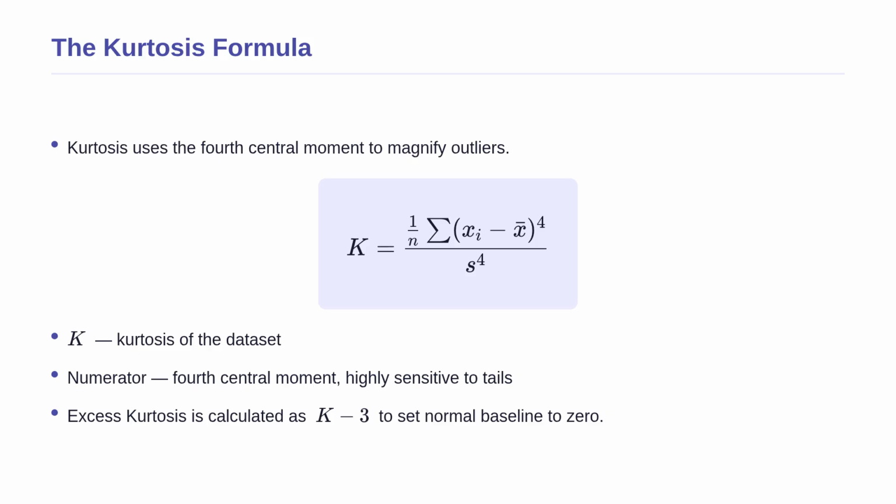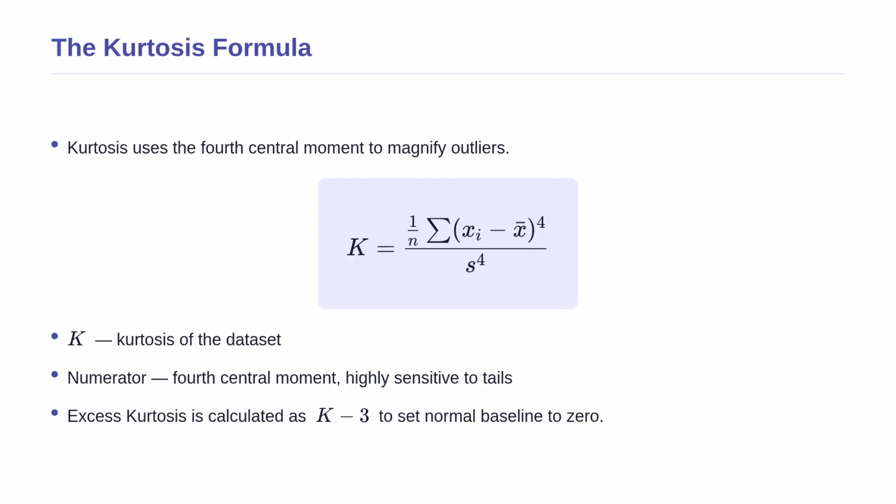Raising to the 4th power acts like a massive magnifying glass for outliers. Numbers far from the mean become absolutely huge, which is exactly why kurtosis is so incredibly sensitive to the tails of the distribution. We then divide by the standard deviation raised to the 4th power to standardize the value.